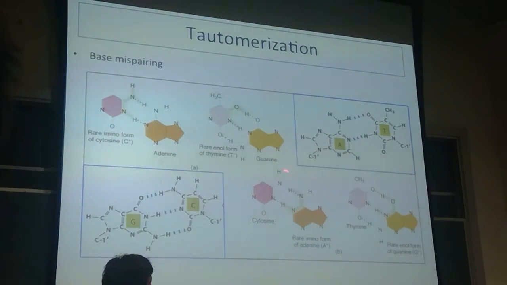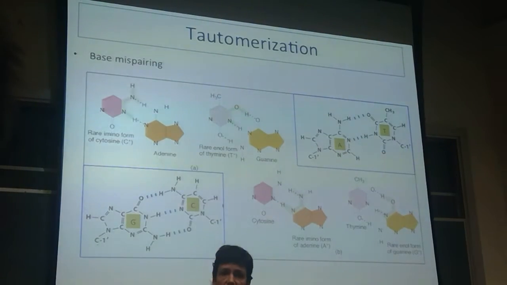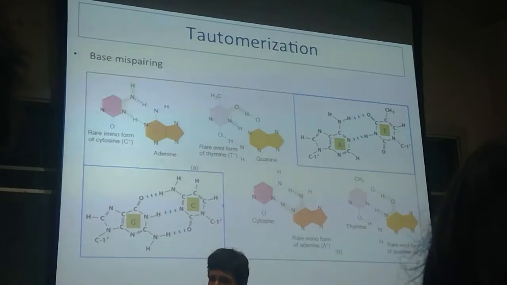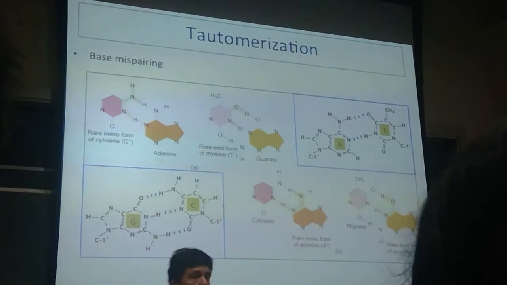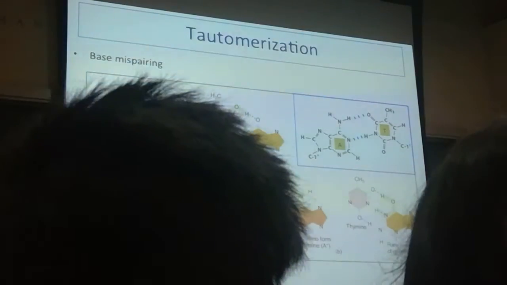So the C, which is normal, can pair with the rare imino form of adenine. Again, it has to be protonated, okay? So all this stuff, I don't know. Just remember what type of pairing you can get, okay? So here you have the G with C, right there. So I show you here a normal pairing for AT and GC just to compare, okay?